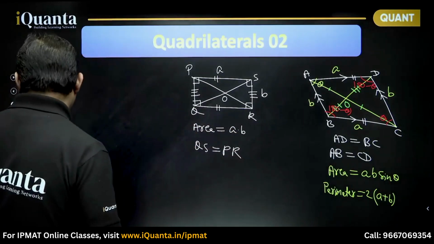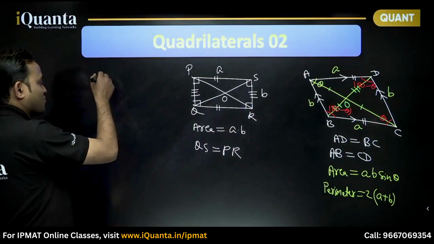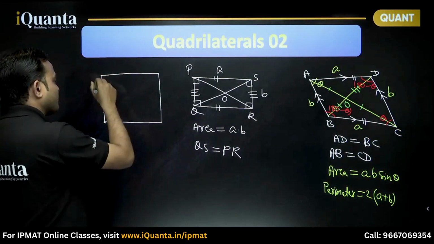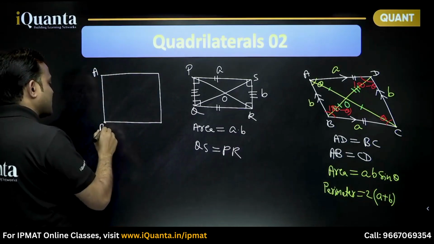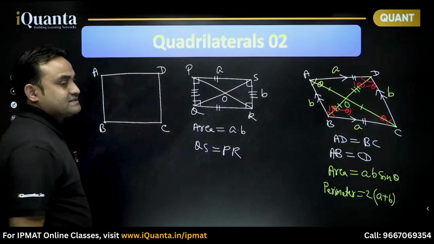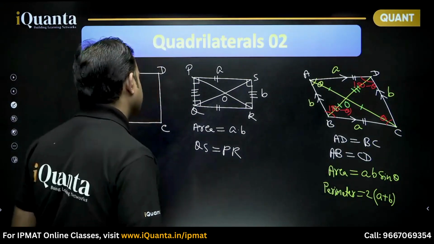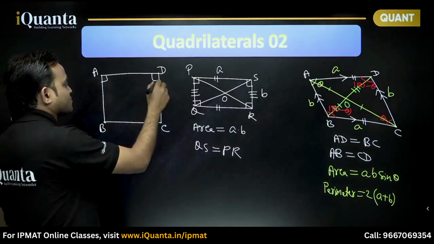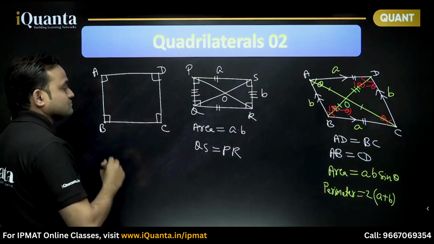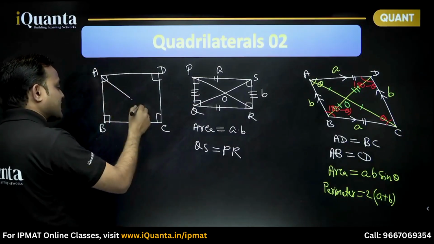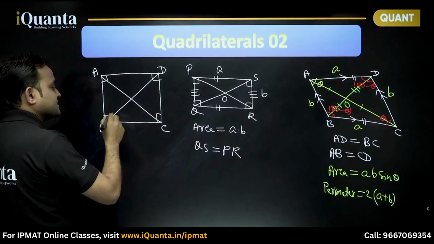Now, a square is a parallelogram where all the side lengths are equal. All the adjacent sides are equal to each other. Now, this brings lots of new concepts regarding a parallelogram. In a square, both the diagonals are bisecting each other.